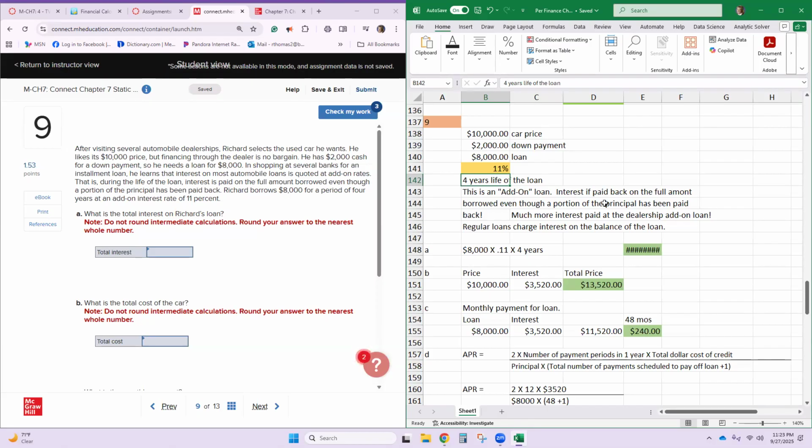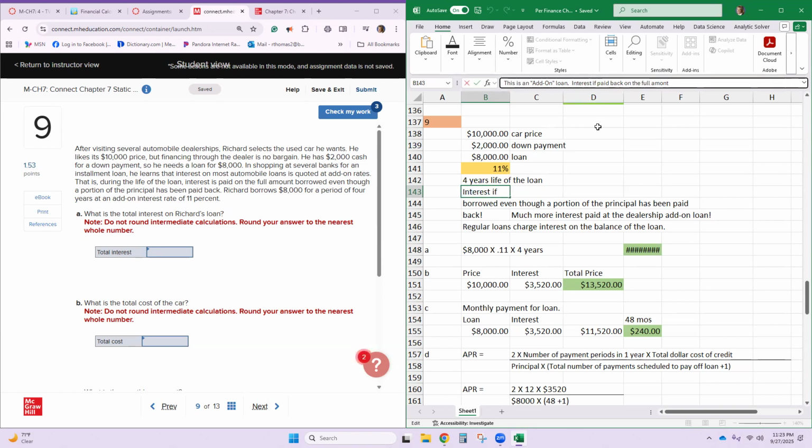Interest is calculated and paid on the full amount of the loan.